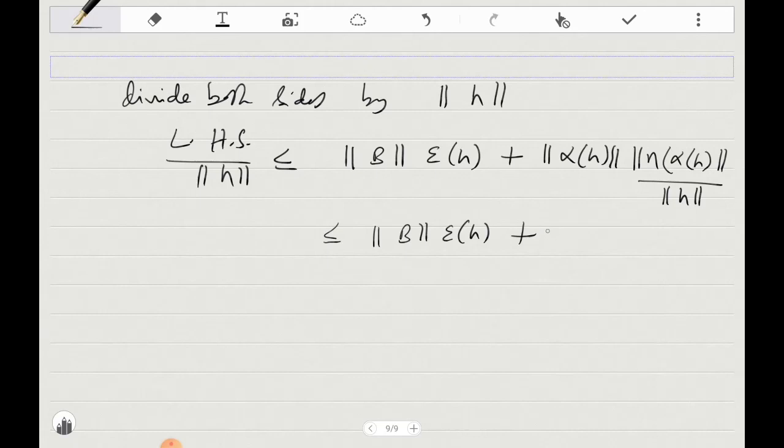Remember alpha H was f of x naught plus H minus f of x naught.